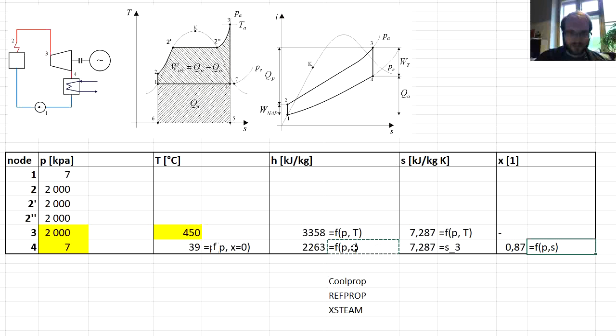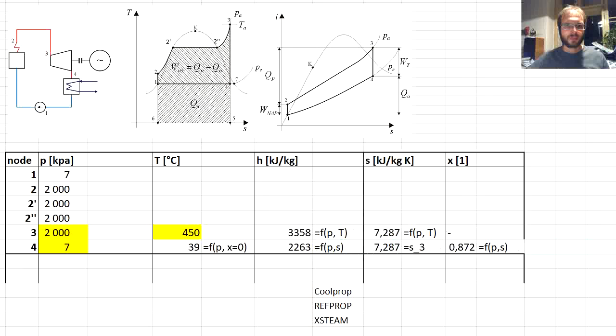Or since we already know the other parameters such as the temperature or enthalpy, it could be, for example, pressure and enthalpy. Pressure and entropy or pressure and enthalpy are always independent variables no matter the fluid state, but definitely we cannot use, at this state in the wet steam, a function of pressure and temperature, because there is the same pressure for the same temperature for the whole range of the steam qualities.